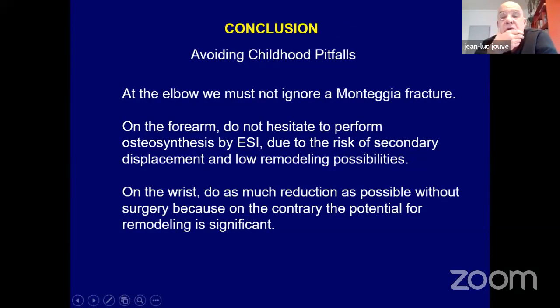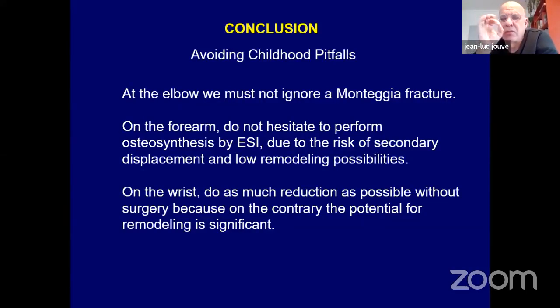So in conclusion of this part 2, we can give you a take-home message. First, avoiding childhood pitfalls. There are some differences with adult fractures. And concerning this lecture, at the elbow, never ignore a Monteggia fracture.